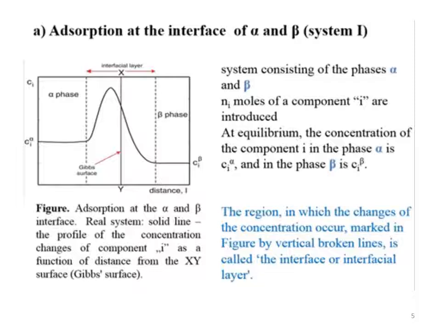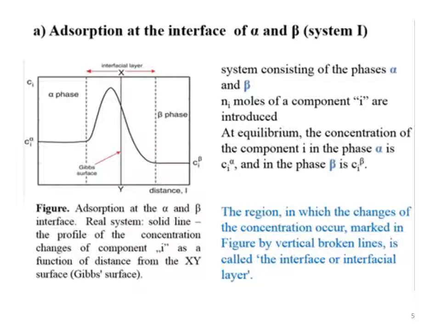But when we go past the dotted line from right to left, it suddenly increases. That increase also shows an increase in the concentration in the interfacial layer where adsorption occurs, but this increase is less than the increase of Ci alpha.